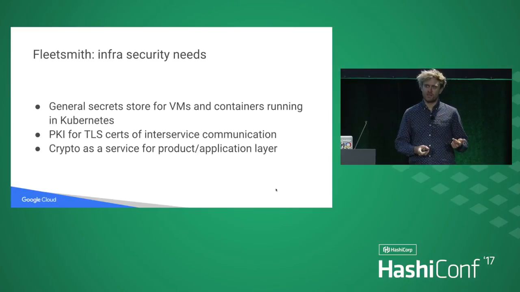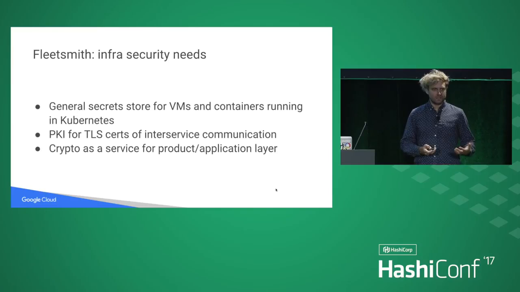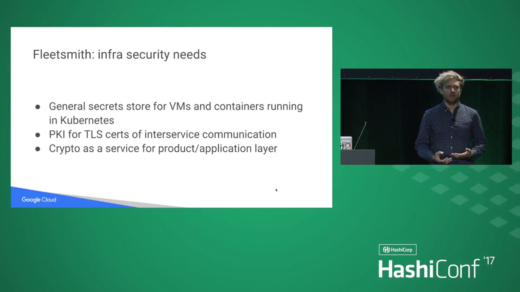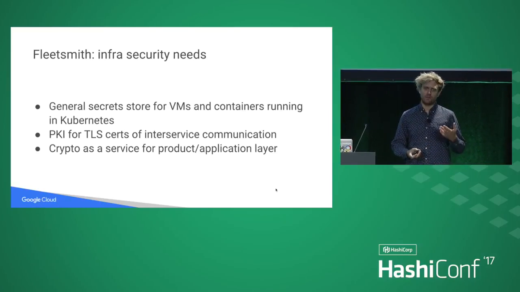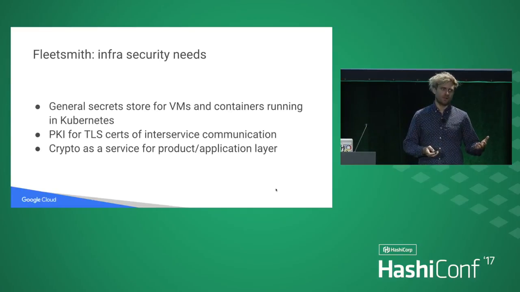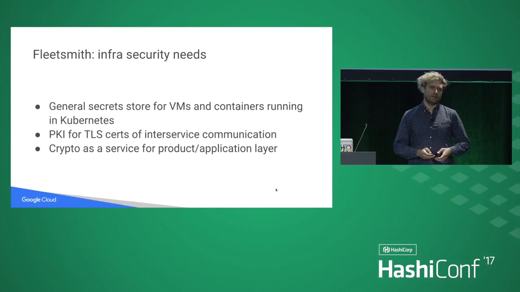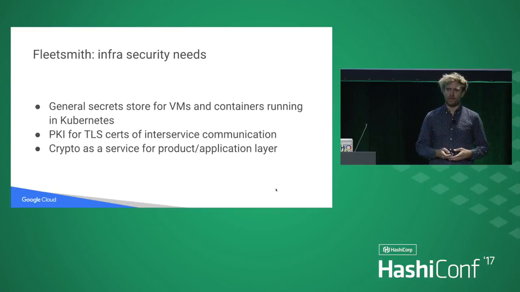The second was we wanted to be able to secure our services' communication and authentication, including Vault itself, with TLS certificates, as well as our Kubernetes cluster that we run on GCE. And then last but not least, for any type of customer-sensitive data, we wanted crypto as a service so that we could encrypt it at rest. Vault met all our needs here, and so we went ahead and moved forward with that.